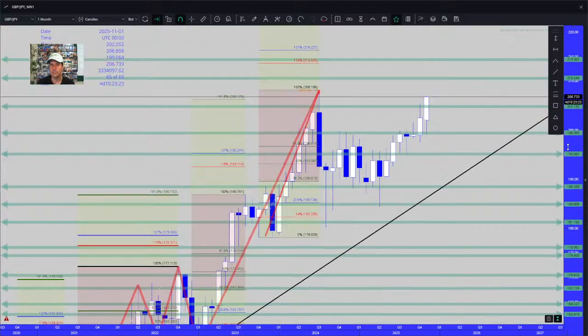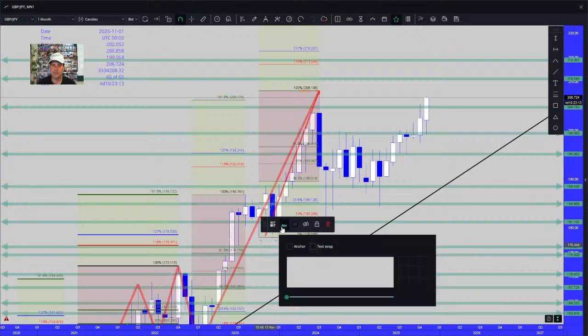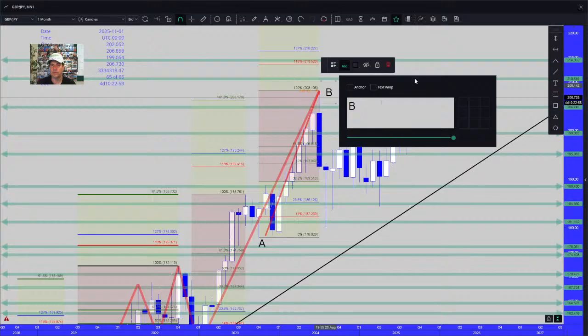Now the market is going up, right? Exactly. So very slowly, everybody, not to freak out. So that's the A of the Fibonacci, and up in here that's the B of the original Fibonacci.